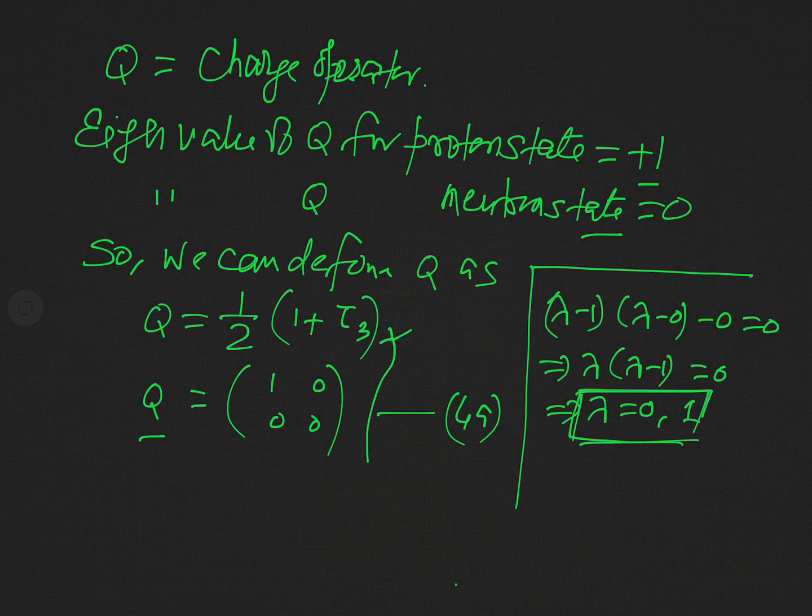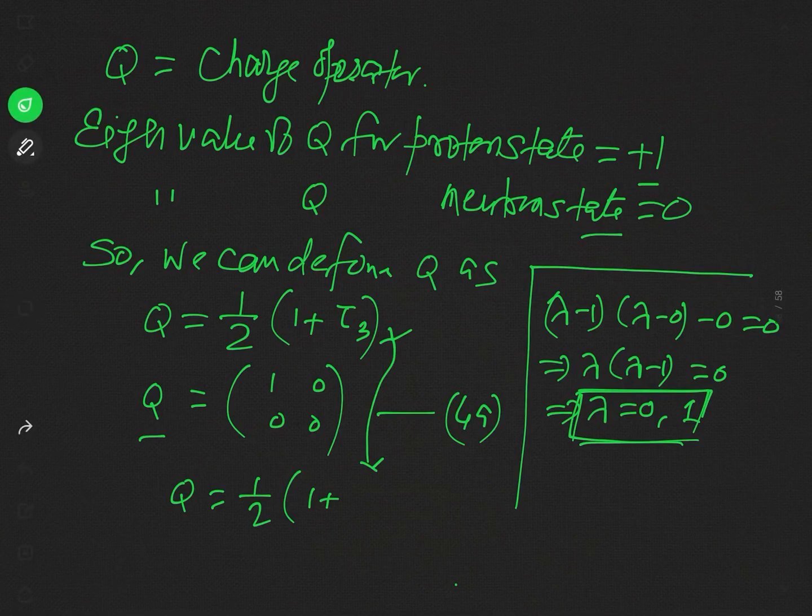And how can we test this result? See this result and find the value of Q from here. This is 1 over 2 into 1 plus tau 3.